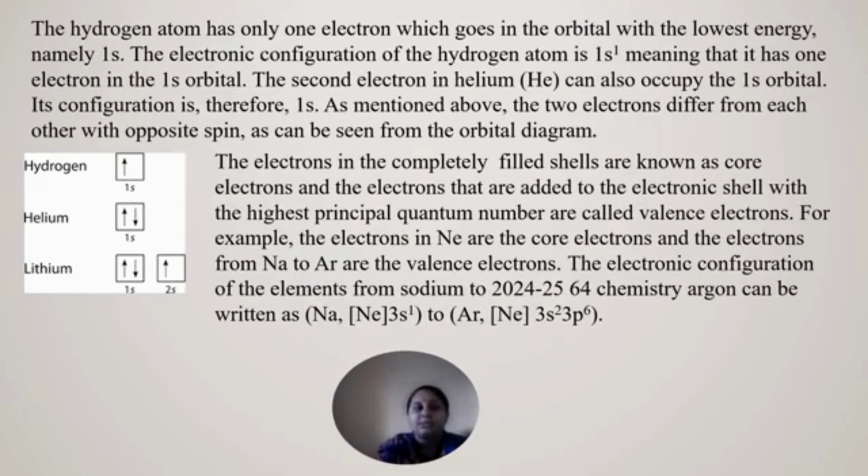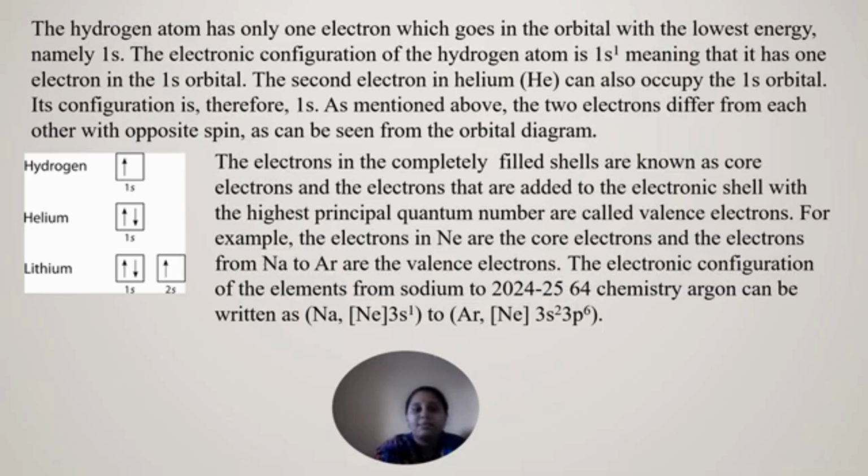Hydrogen has only one electron. It occupies the orbital with the lowest energy, the 1s orbital, and it is 1s1, meaning it has only one electron in the 1s orbital. The second is helium. It is 1s2, as it has two electrons in the 1s orbital.